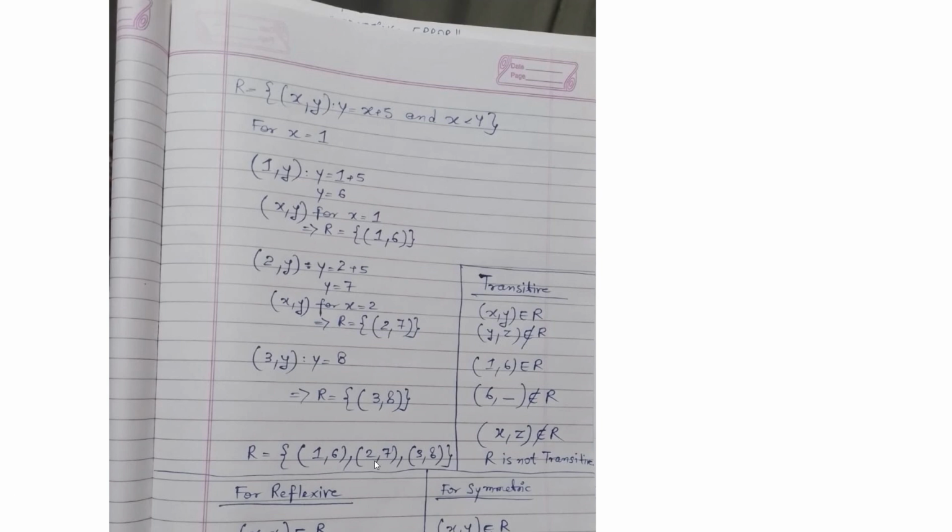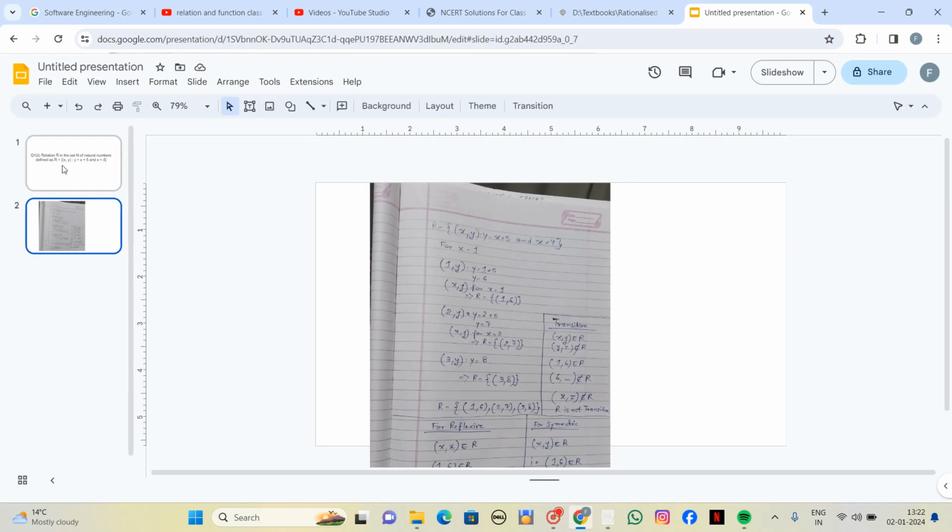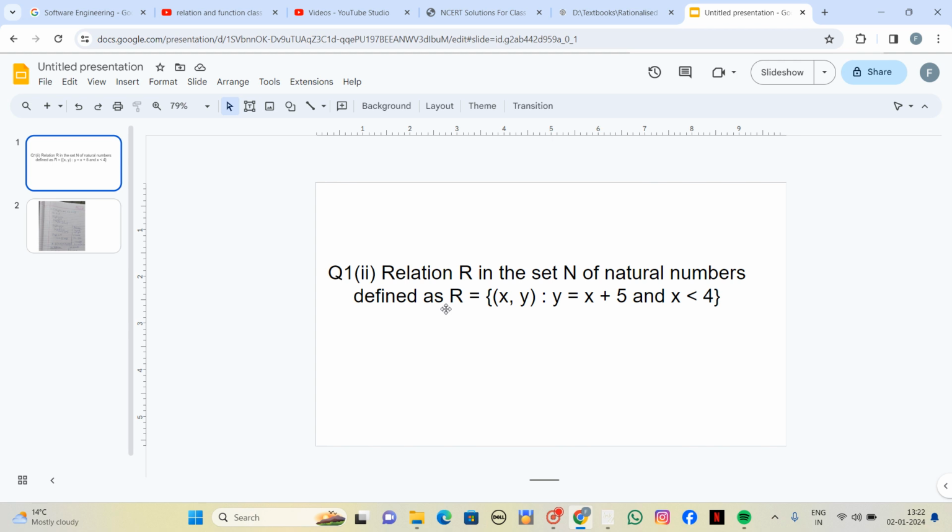Okay, so we have to see whether the relation R in the set of natural numbers is reflexive, symmetric, or transitive. So let's solve for it.